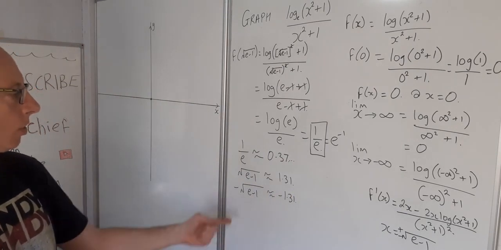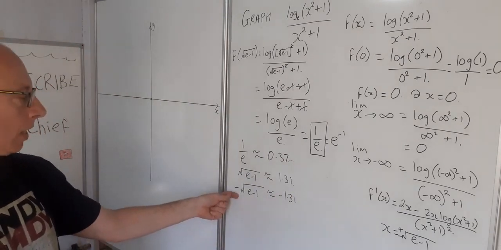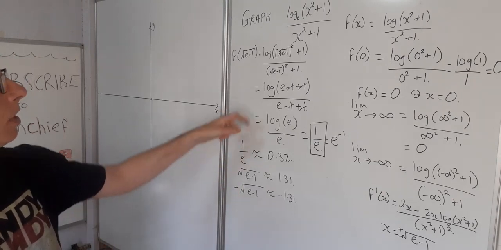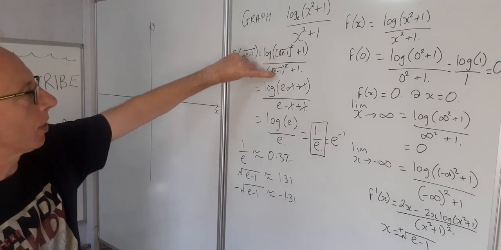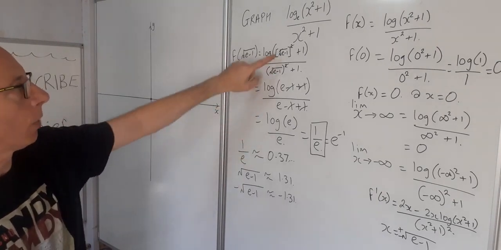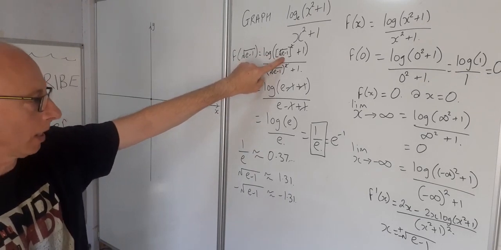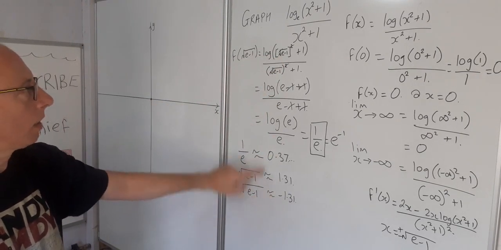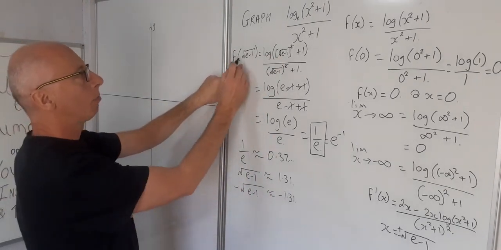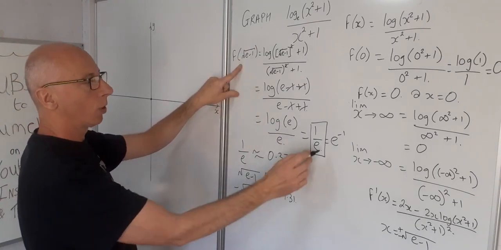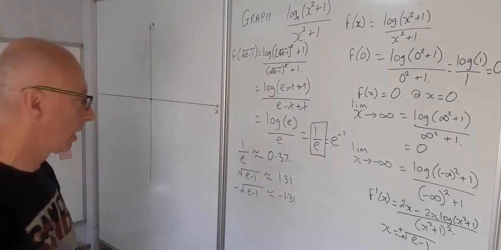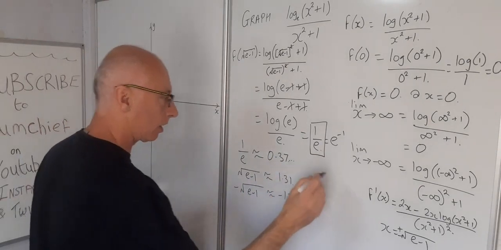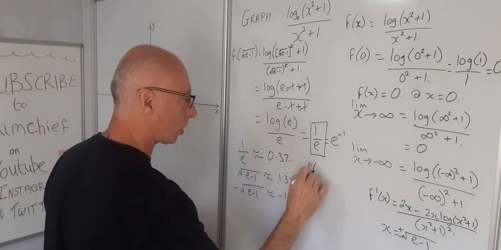Now, do I need to plug in the negative square root of e minus 1? Well, we'd just be wasting our time, because once we square the negative, we end up with the same as the positive anyway. So the value of f of minus square root of e minus 1 would also be 1 over e. I'm just going to write that here for our information.